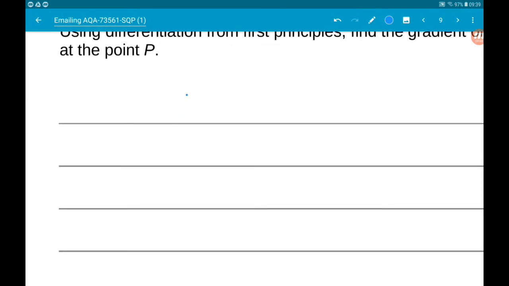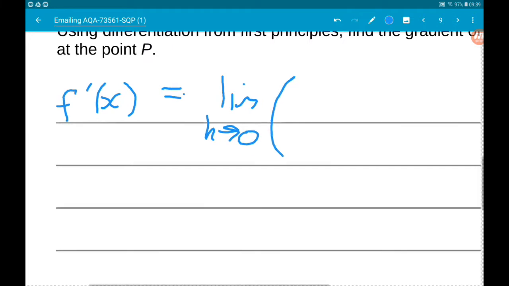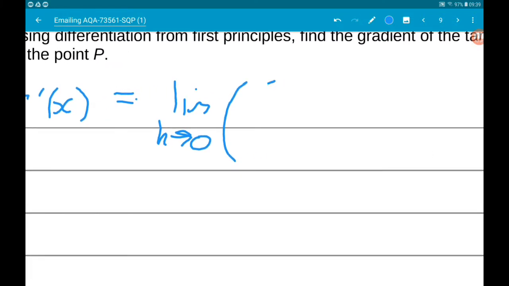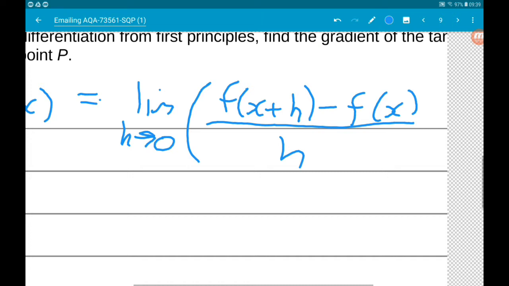f dash of x is the limit as h tends to 0 of f of x plus h minus f of x, all over h.